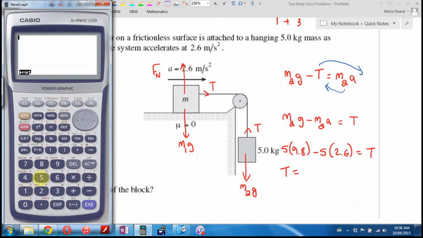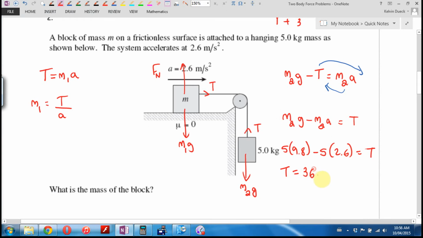It's going to be 5 times 9.8 minus 5 times 2.6. Oh, 36. And now I'm going to plug that in way over there.